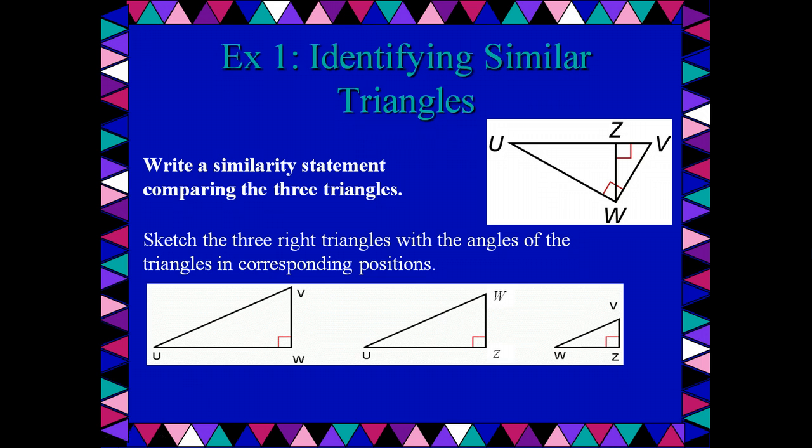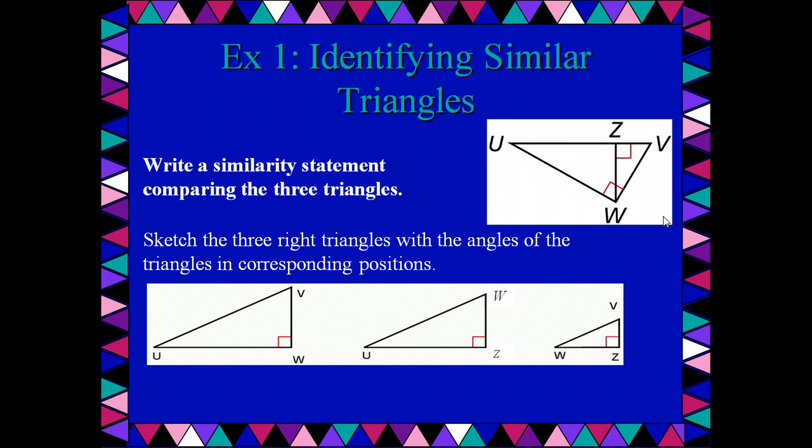Start with your large triangle, and swing it down so that U is on the left and the right angle is on the right-hand side at the bottom. Then the next one has U and Z, and W is at the top. You've flipped it over so that the right angle is at the bottom.